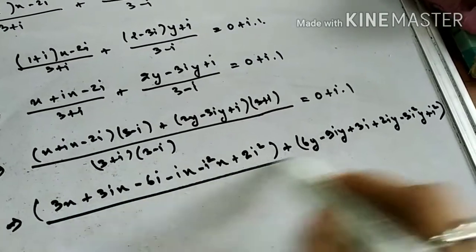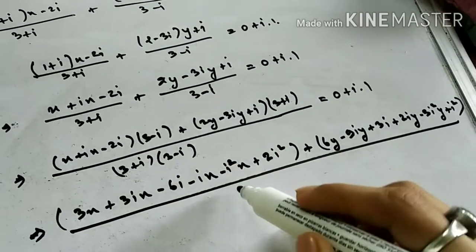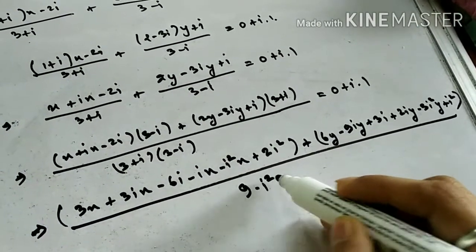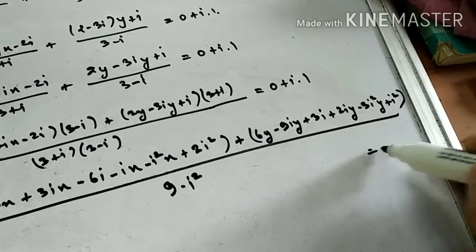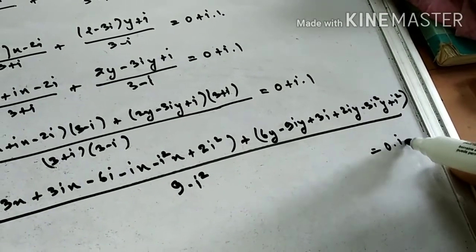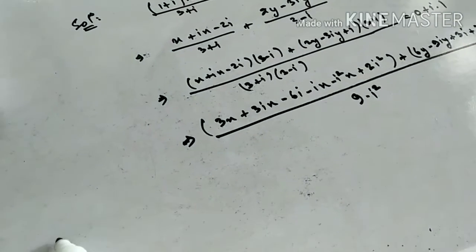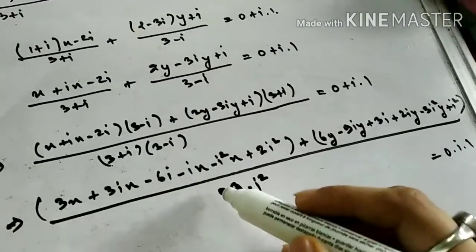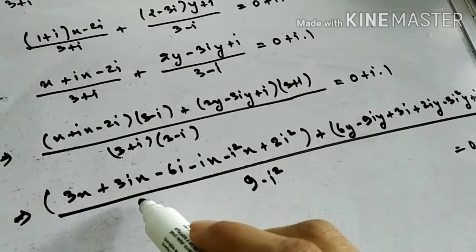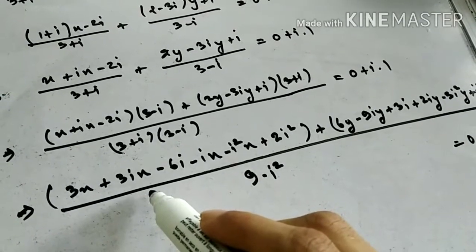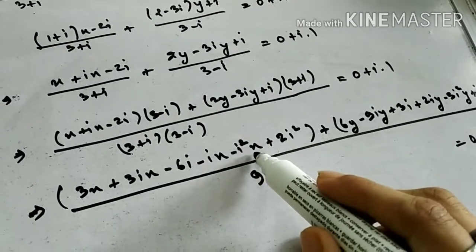This one I am getting. By (a + b)(a - b), the denominator is 9 - i squared, and this is equal to 0 + i.